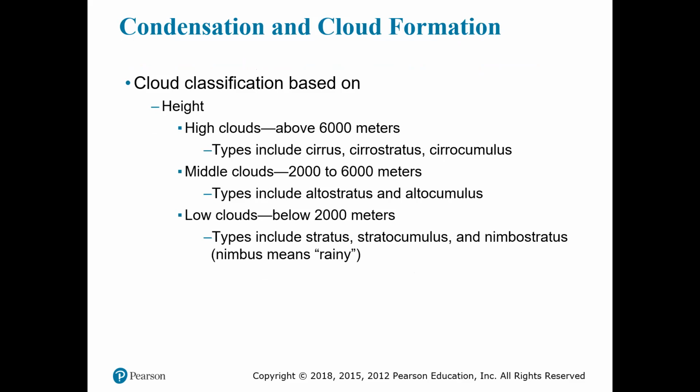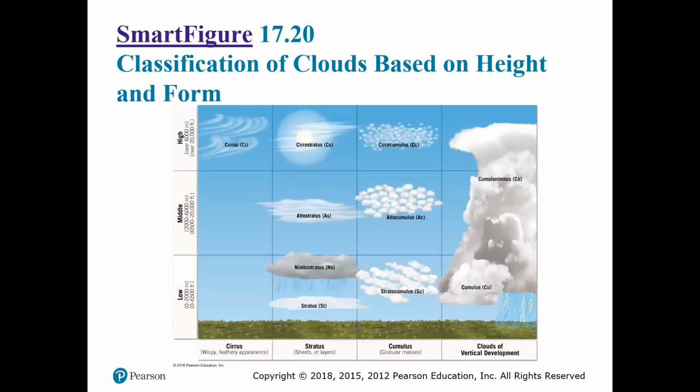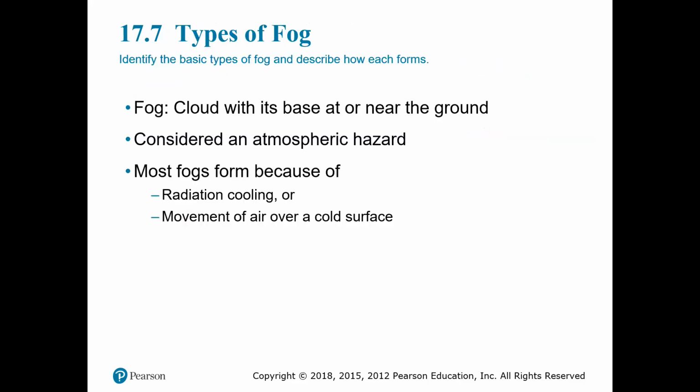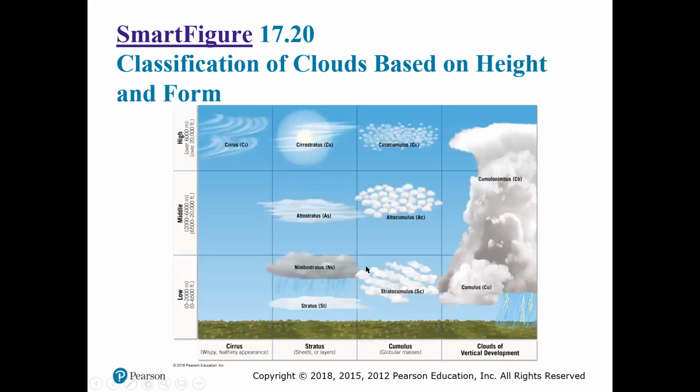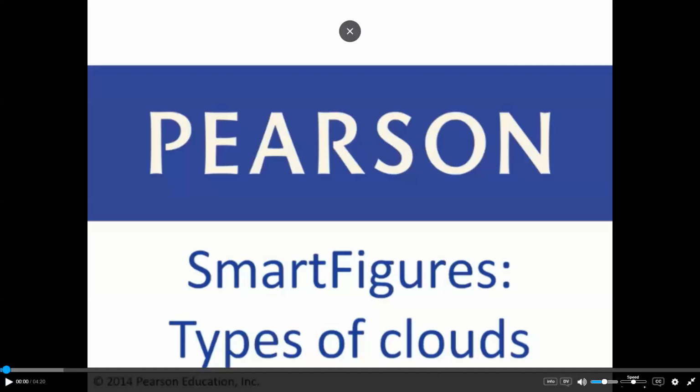On pages 532 and 533 in your book, you have a drawing, and then you have these pictures. Okay, so you have this drawing, and then the pictures aren't on here. Sorry about that. So what we're going to do is watch a smart figure video and go through all of the different types of clouds based on their form, what they look like, and their height.